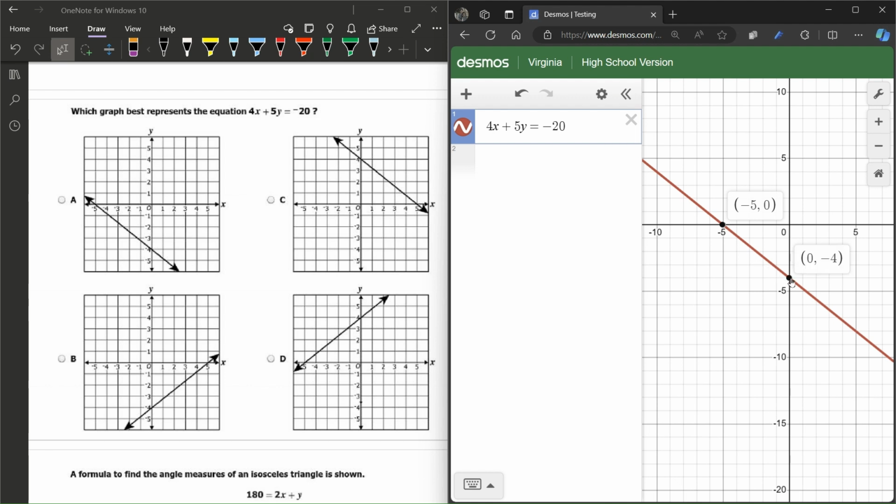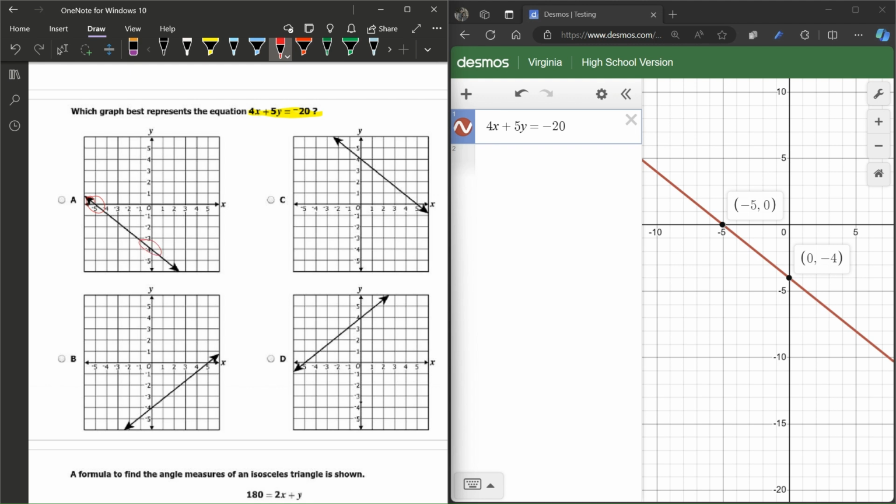So right here, the x-intercept for this line, 4x plus 5y equals negative 20, is negative 5. The y-intercept is negative 4. So obviously it's A, because the x-intercept for A is negative 5 and the y-intercept is negative 4.